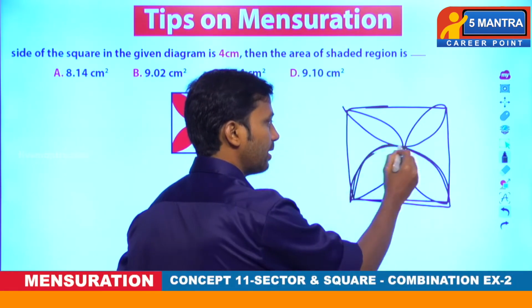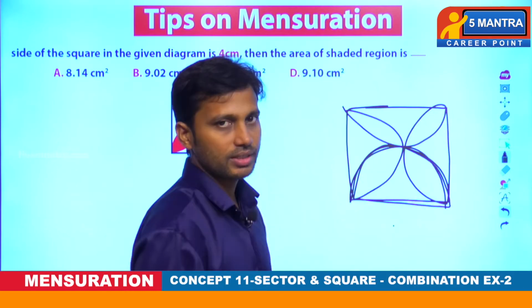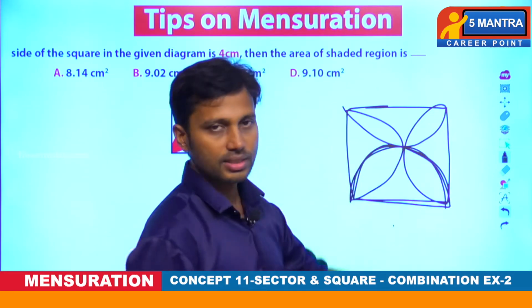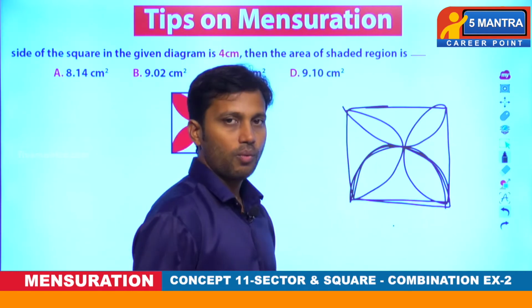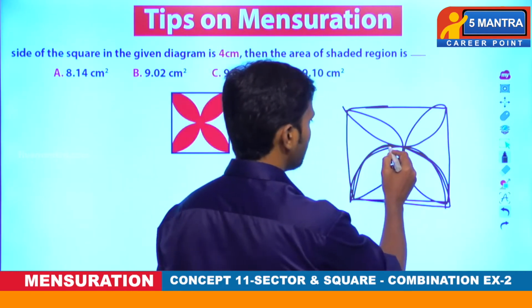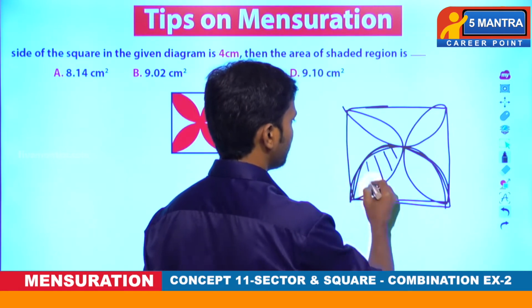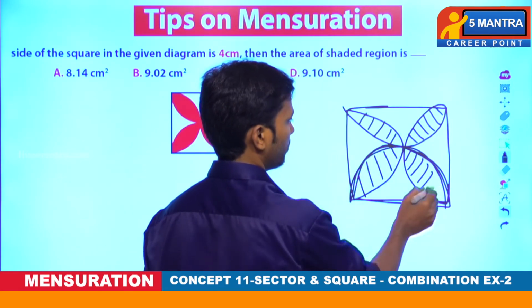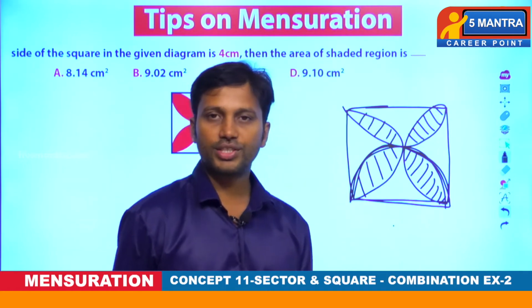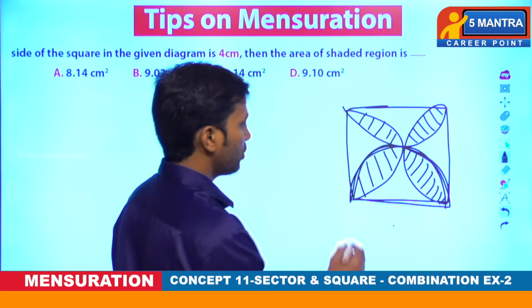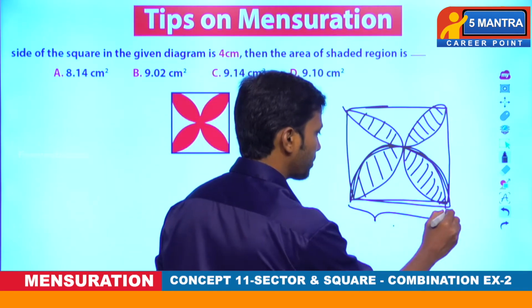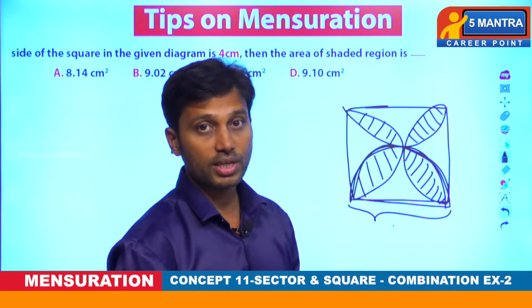So the side of the square and the diameters of the semicircles are the same. In that case, what is the area of this shaded region? That was taught to you in that video. Let me explain this clearly before starting the problem.